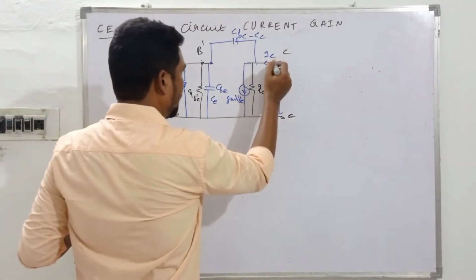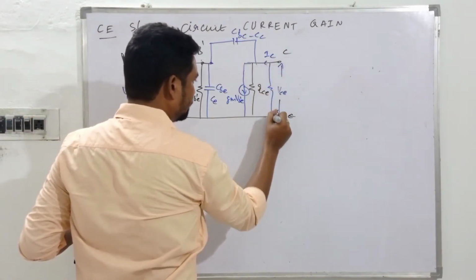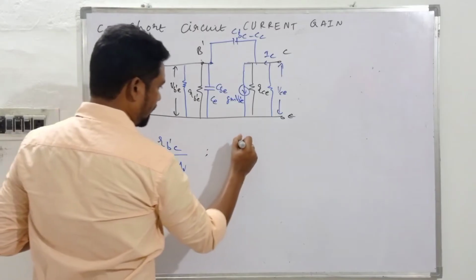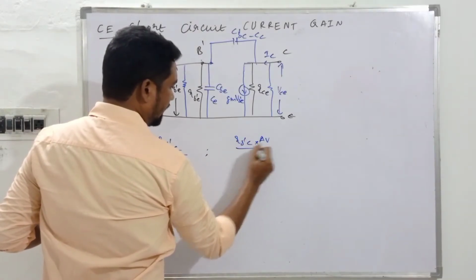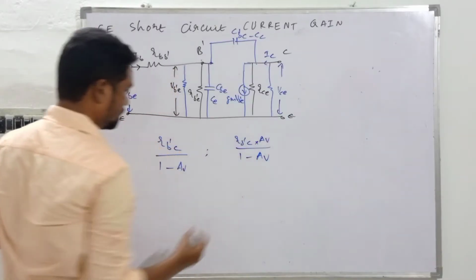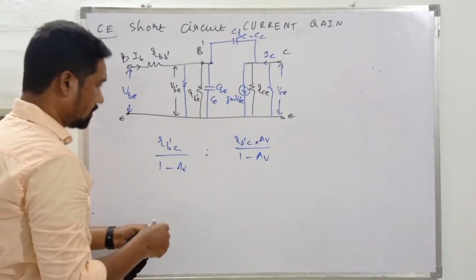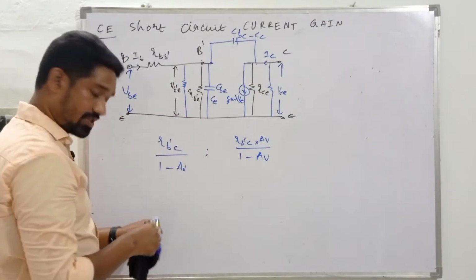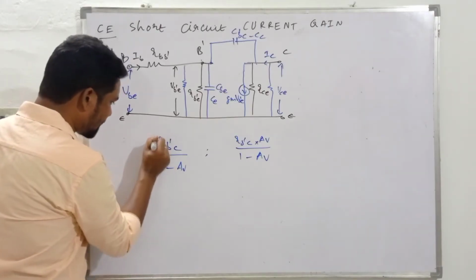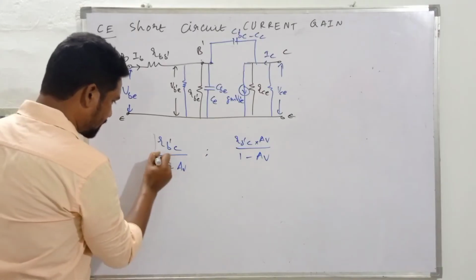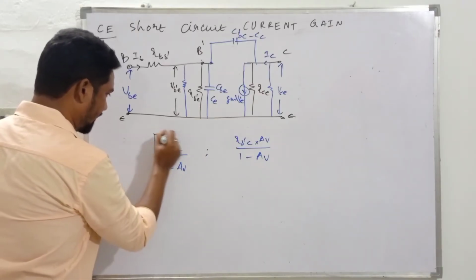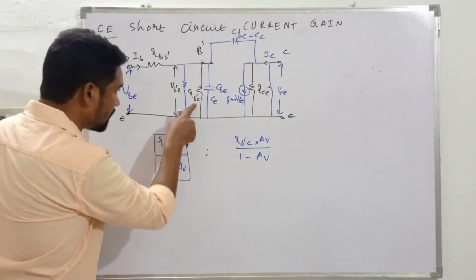And over here I need to go for another resistance, and that resistance value should be RB'C into AV by 1 minus AV. Practically this resistance is very high. Even if there is a reduction, this resistance is very high when compared to this resistance.